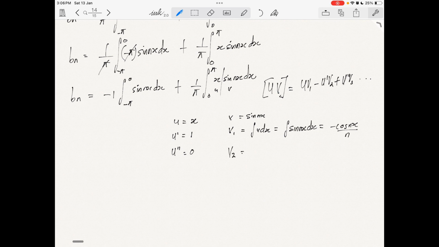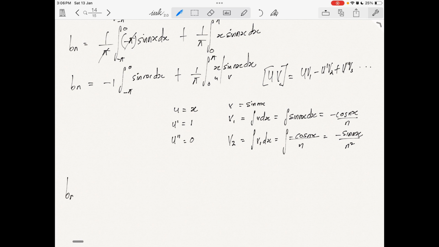And our v2, which means integrating v1 with dx, we are integrating cos nx over n because v1 is cos nx over n, and this will give us minus sine nx over n squared.